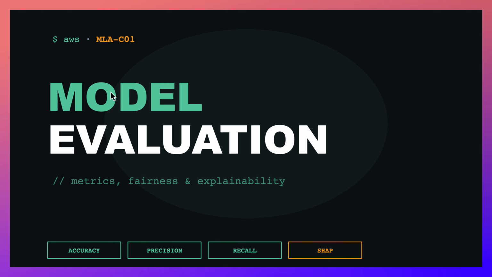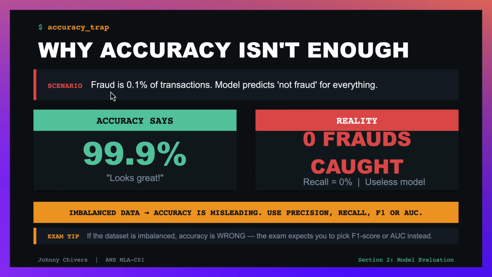So you've trained your model, and before you deploy it to production, you need to evaluate it. And this means you need to understand where it fails and where the biases are. Now, why accuracy of your model is not enough. This is the fraud situation again from the previous slides, and this is why it's important to know. So if fraud is only 0.1% of all transactions, then the model predicts not fraud for everything.